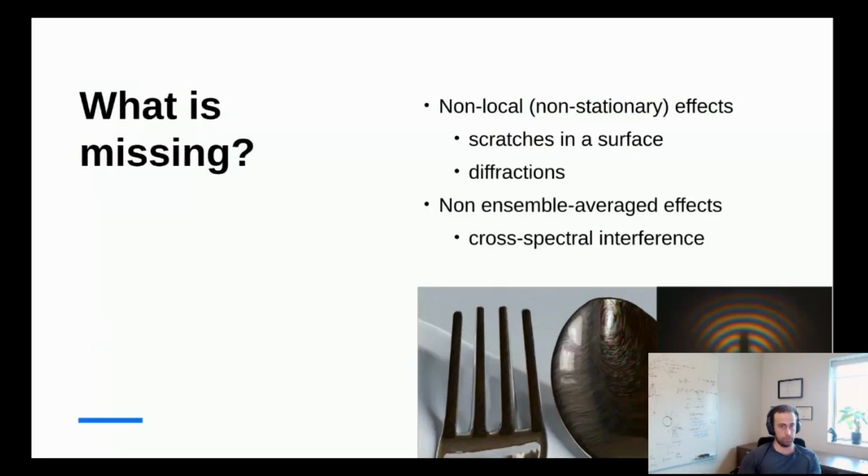What cannot be reproduced by such perfectly local and incoherent light transport frameworks are non-stationary effects. For example, all kinds of interference effects that arise by explicit scattering features. For example, scratches in a surface. Scratches in a surface can be appearance modeled to some satisfactory degree of accuracy, right?